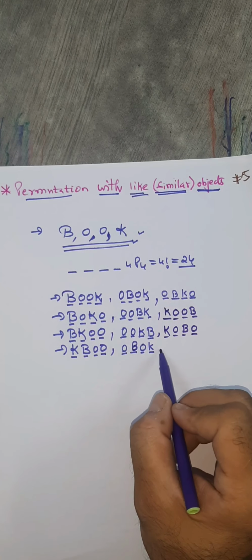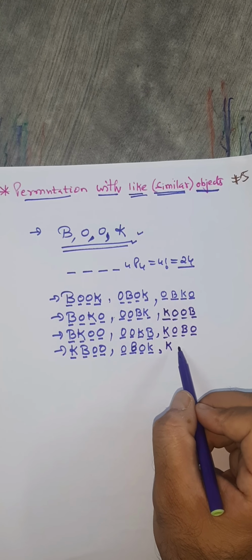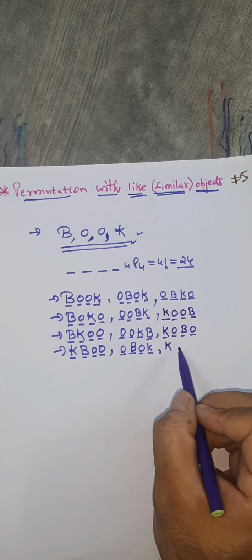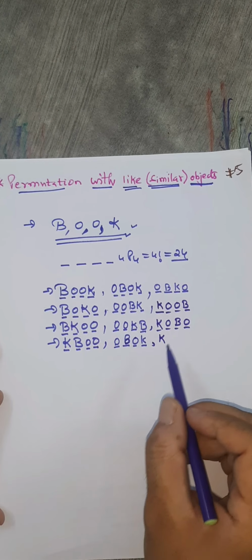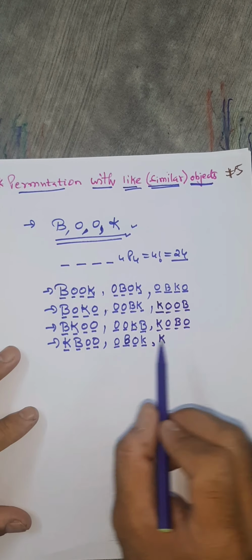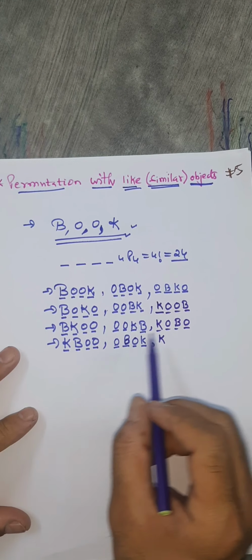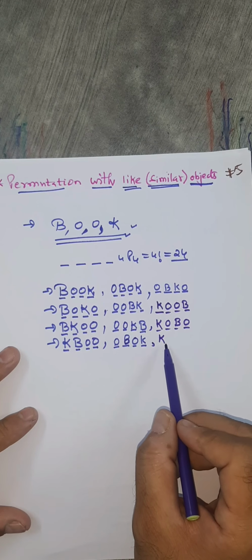Fine. Then let me keep K here. What else can be done now? Can you think of anything else that can be made here? I kept K here. Then if I put B here, that already came. If I take O, that also came.